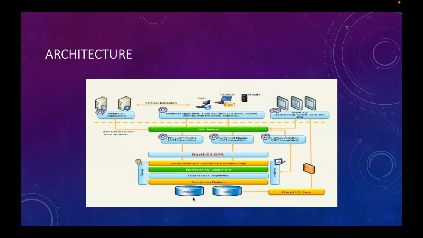The Dynamics 365 trial contains data that is nothing but metadata. If you create your own data, like a new record, new entity, or any new component, then that comes under data. It does not come under metadata, because this data is only helpful for whatever we have created.